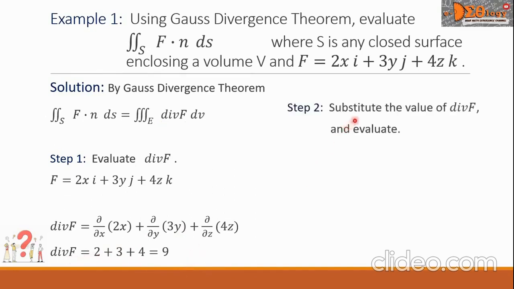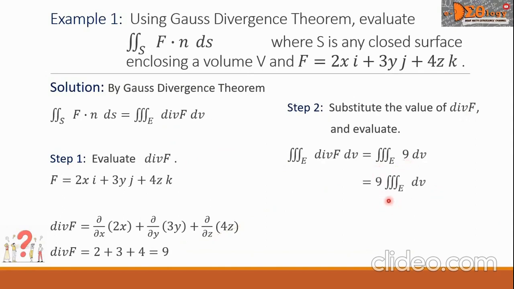This is the divergence F. Step 2, we substitute the value of div F and evaluate. So we copy the triple integral formula. Let us substitute the value of div F. Since 9 here is a constant, we can move this outside the triple integral.